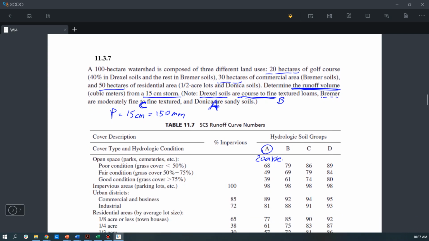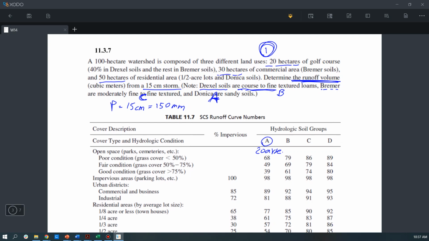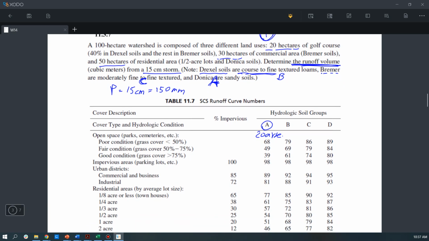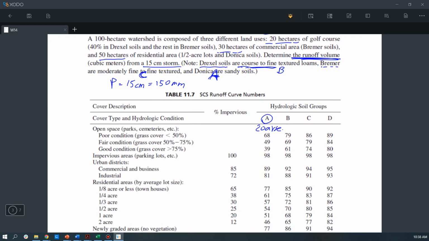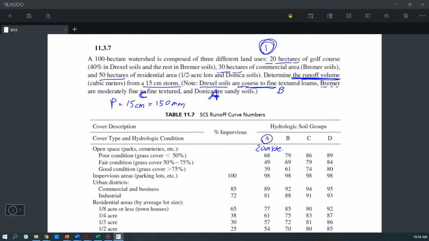And for the first type, for the first fraction of the land cover is the golf course. So let's try to find the corresponding cover description.